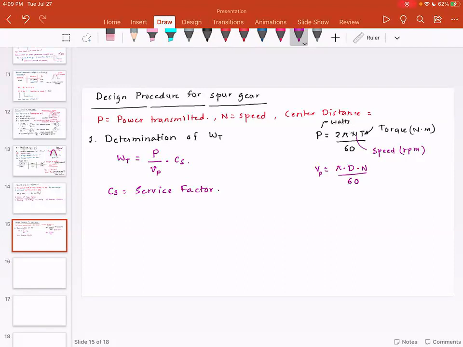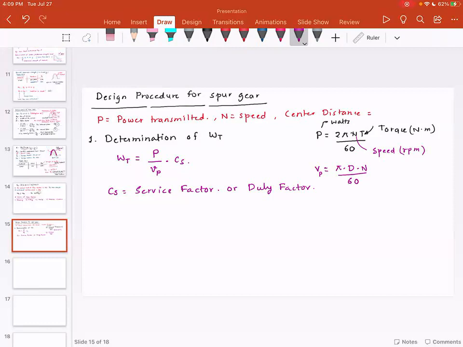So depending upon the duty factor, if the gears are continuously loaded or if they are intermittently loaded, based on the loading conditions, this factor is used.